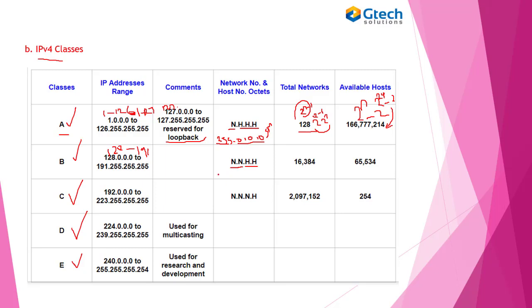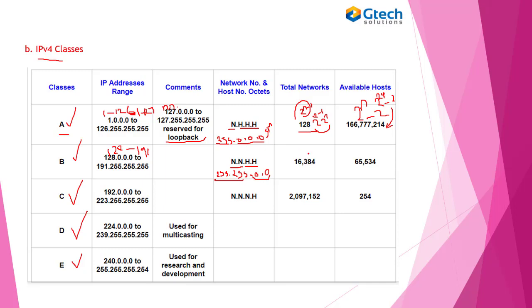So under here, the subnet mask is 255.255.0.0. Okay, so the 2 octets represent host portion and the 2 octets represent network portion.